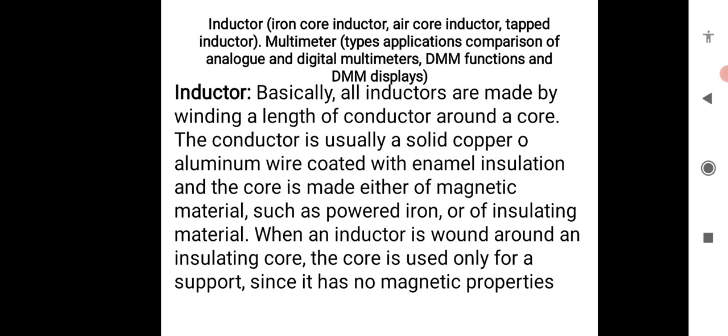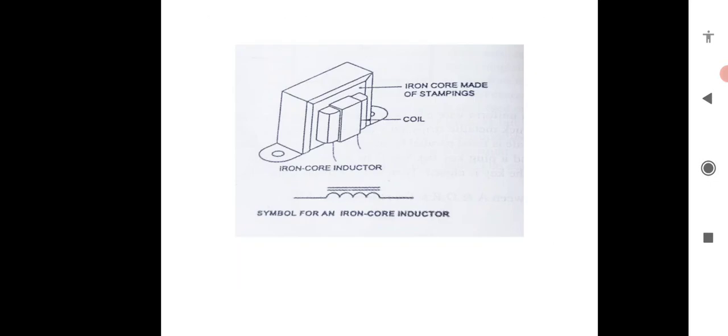When an inductor is wound around an insulating core, the core is only for support since it has no magnetic properties. So this is the symbol for an iron core inductor. Inside it is a coil, and the iron core is made up of stampings.